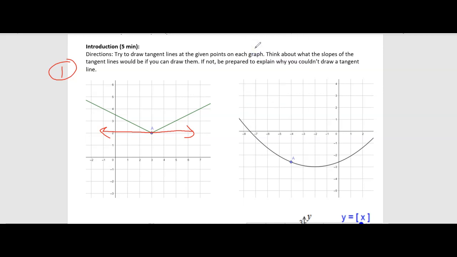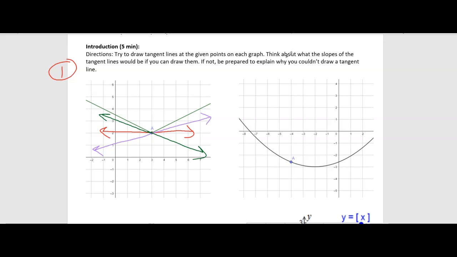Why couldn't I draw the tangent line like this? That still touches the function at point A. Or what about drawing the tangent line like this? So while it may seem like we are able to draw a tangent line here, we're actually not.